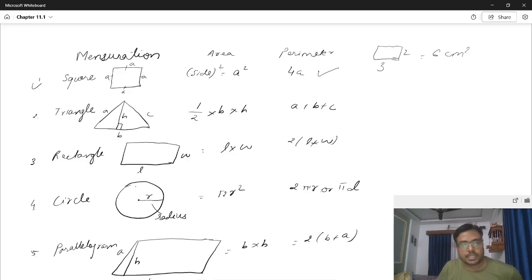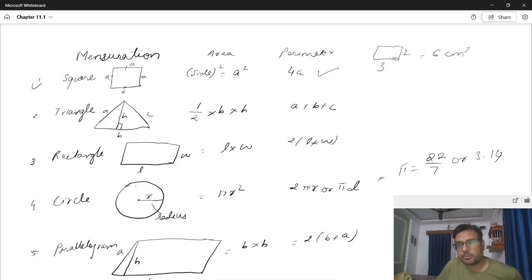For a circle, area is pi r squared and perimeter is 2 pi r. 2r is also called the diameter, so it is sometimes written as pi d. You know the value of pi is 22 by 7 or 3.14.